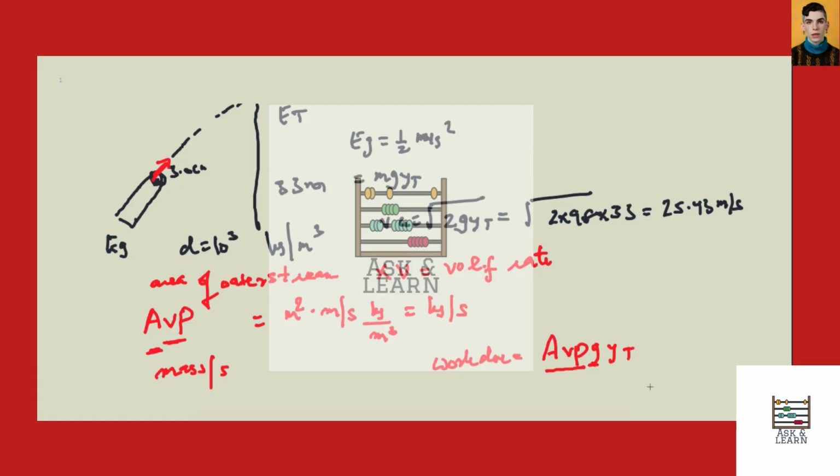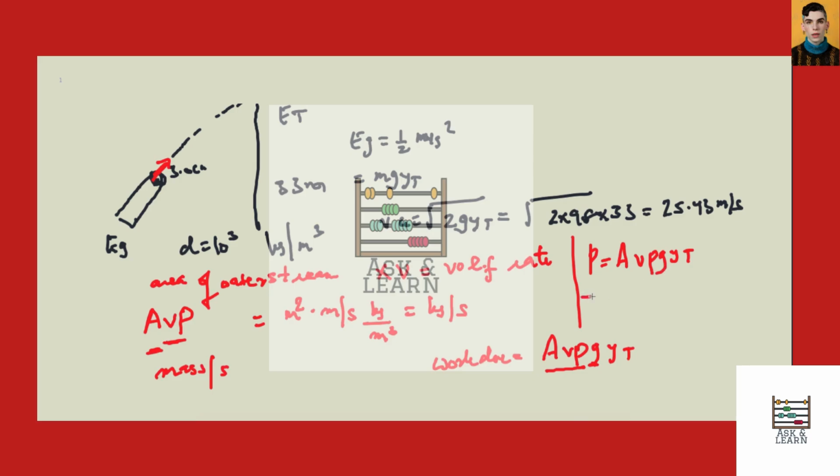So I'll solve it here. Power required is equal to A V rho g times y top, because that will give you the unit of kilograms per second.